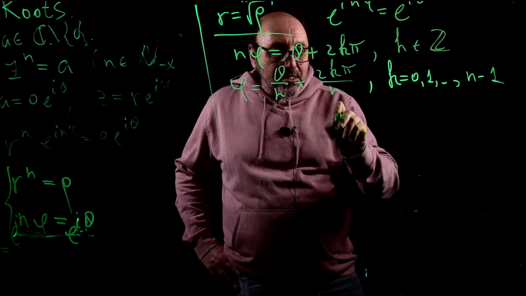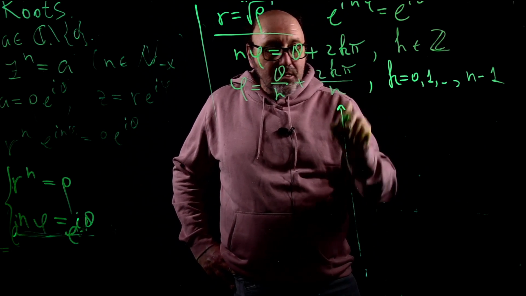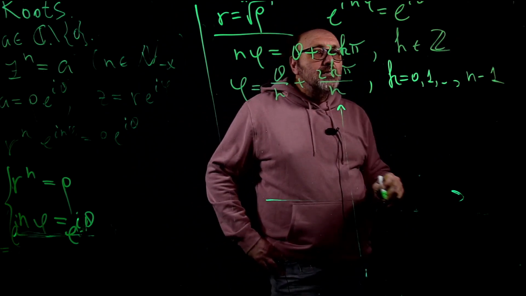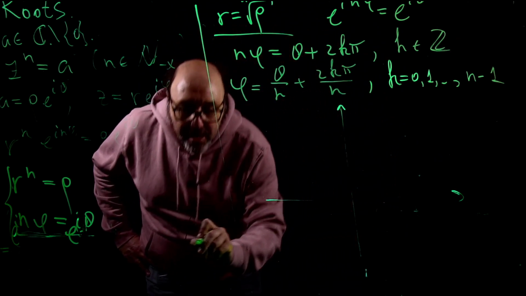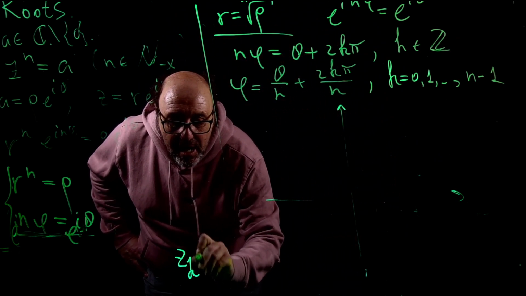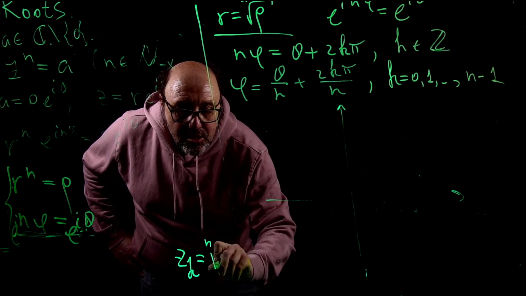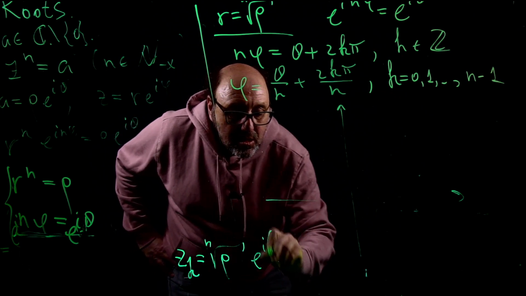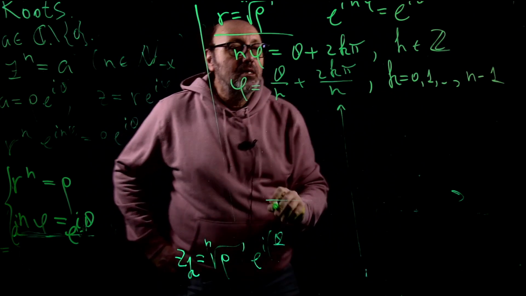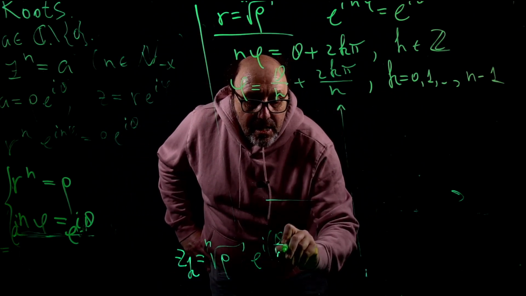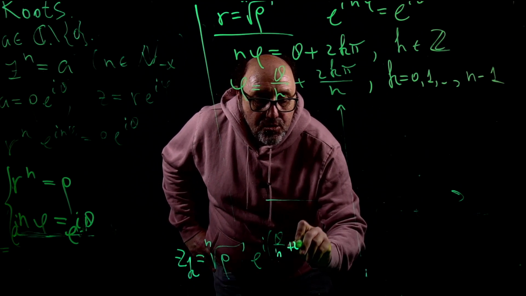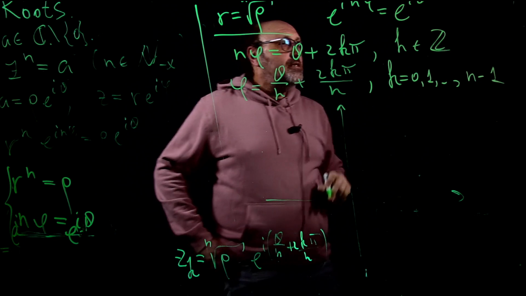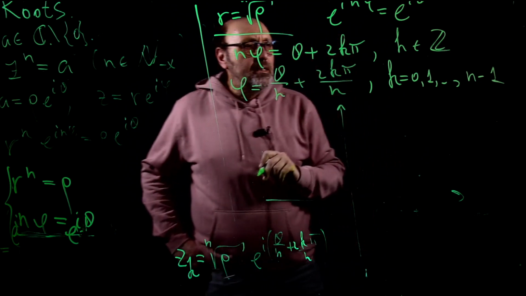Why is that? Let us see it on the picture geometrically. So where are our points? We obtain the points z k equal to the n-th root of rho times exponential of i times theta over n plus 2 k pi over n, right? That's what we obtain.